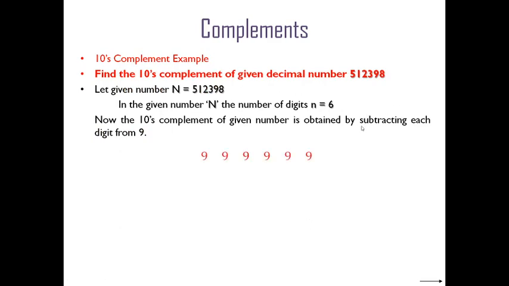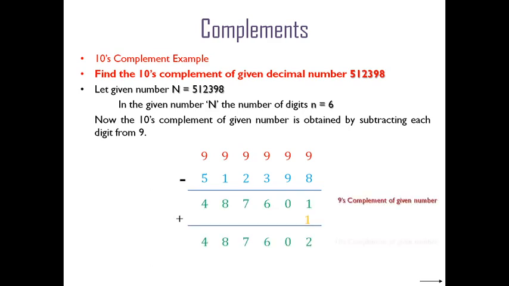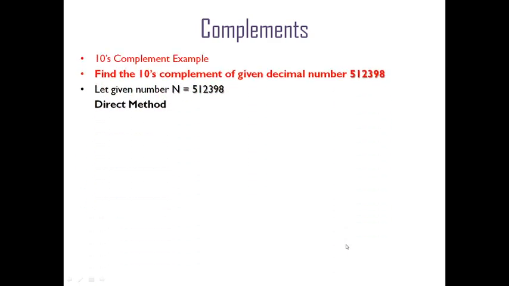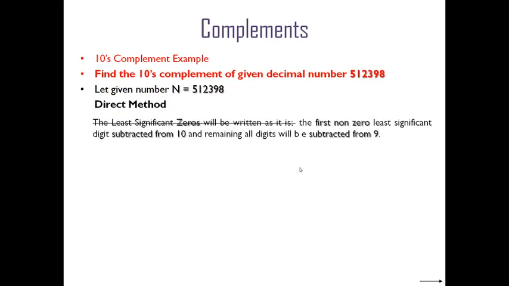For the tens complement, first we will go for the nines complement, and we will add 1, and finally we will get the tens complement. And if you want to get the tens complement in a direct method, first write down the given number, and if you observe this given number, there are no zeros in the least significant position.